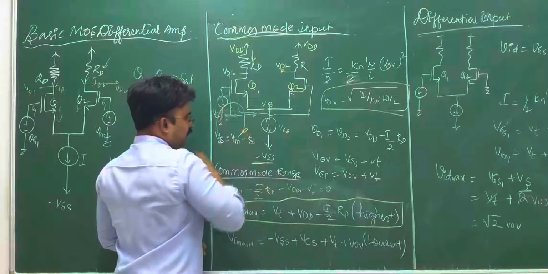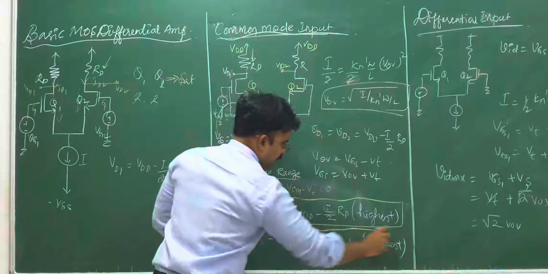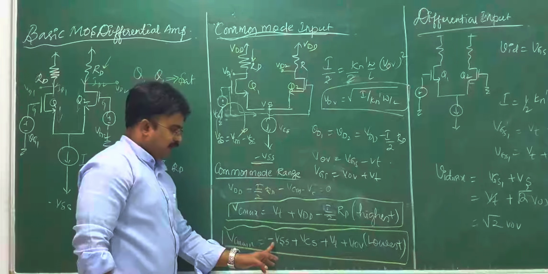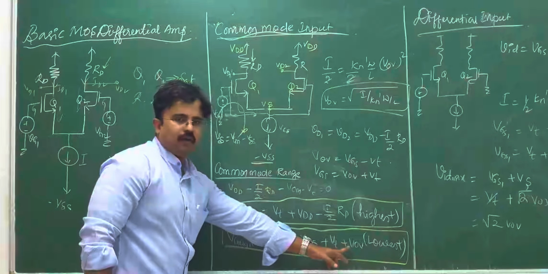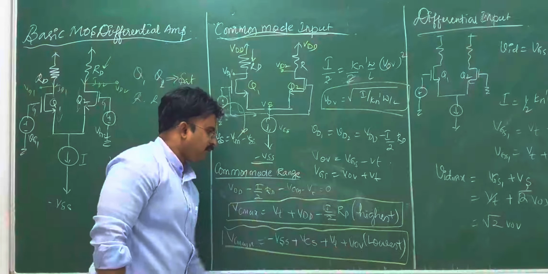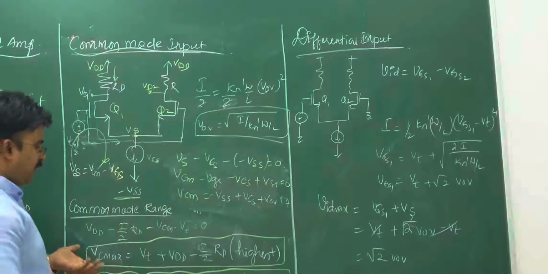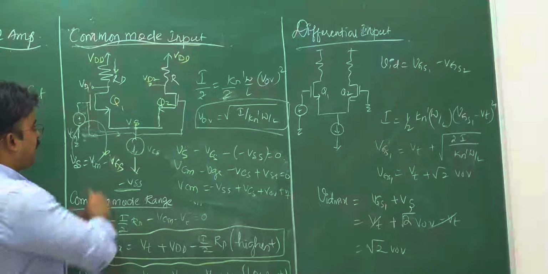Applying KVL to this part, after simplification, I get VCS minimum is nothing but minus VCS plus VT plus V overdrive. The condition here is we have obtained VCS max, and how you obtain VCS minimum is to apply KVL to this.